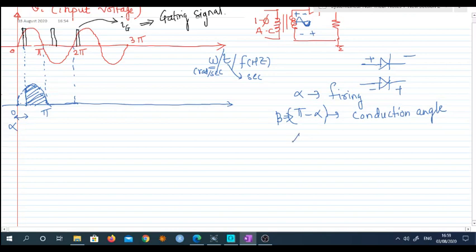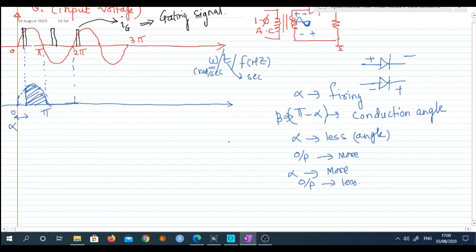So if alpha is less, less in terms of angle, then output voltage is more, and if alpha is more, then output voltage is less. So there is an inverse proportionality relation between the output voltage and firing angle.